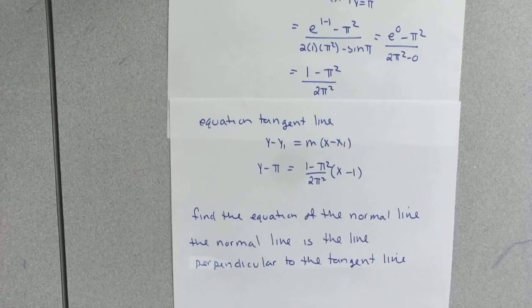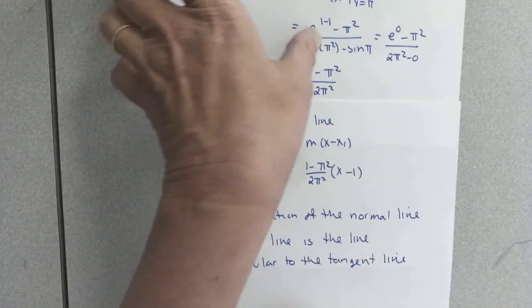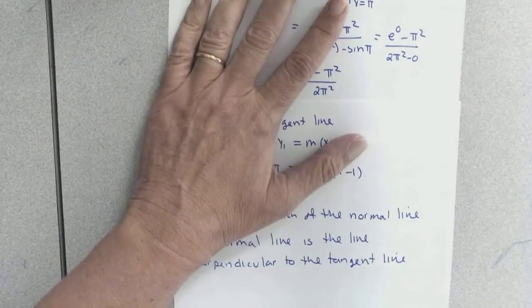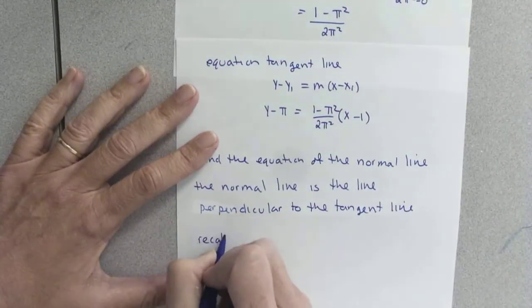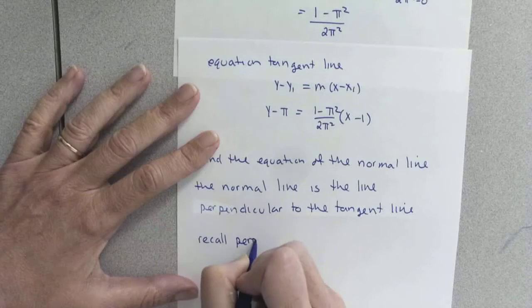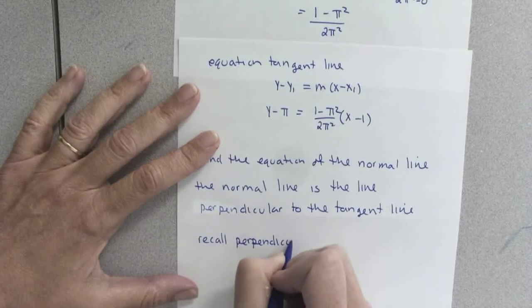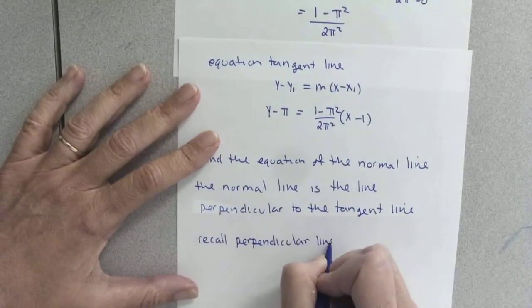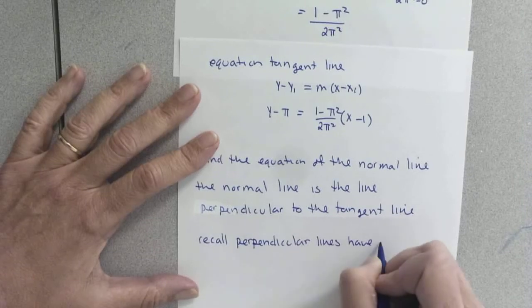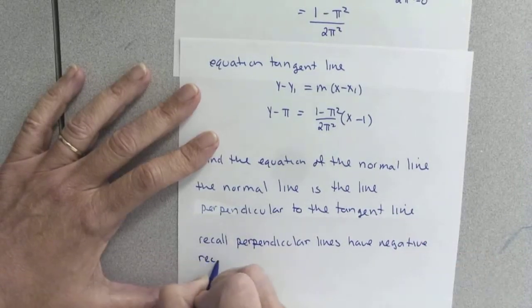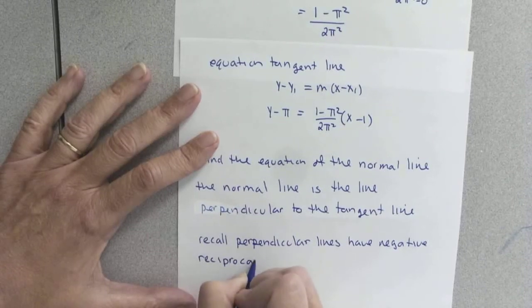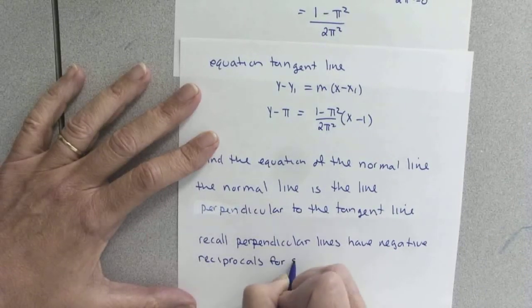Mathematicians have 3 words for perpendicular: perpendicular, normal, and orthogonal. So then we just remember a little bit of algebra. Recall that perpendicular lines have negative reciprocals for slopes.